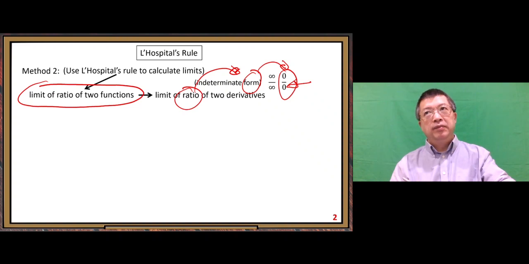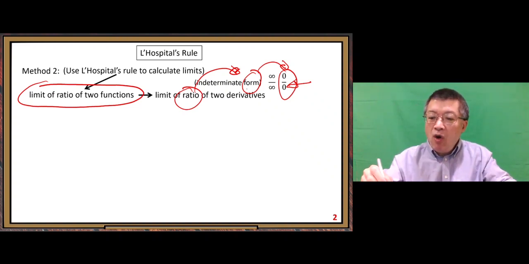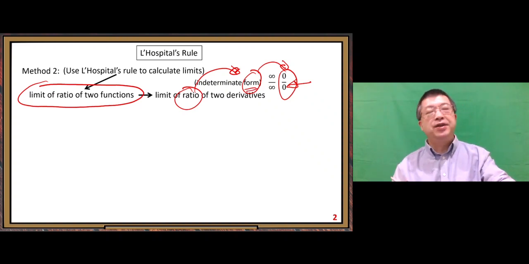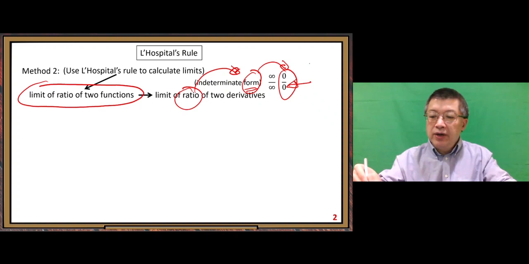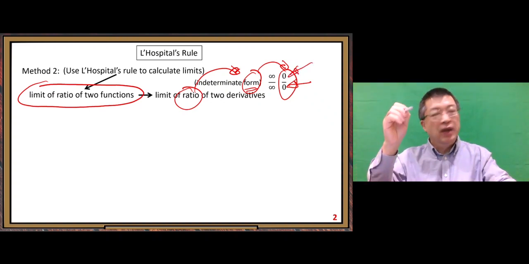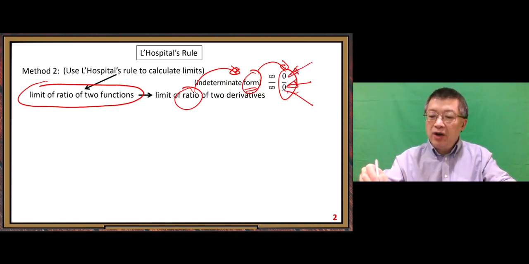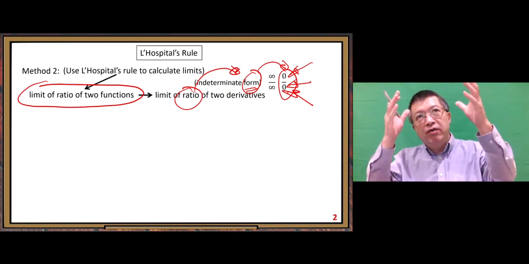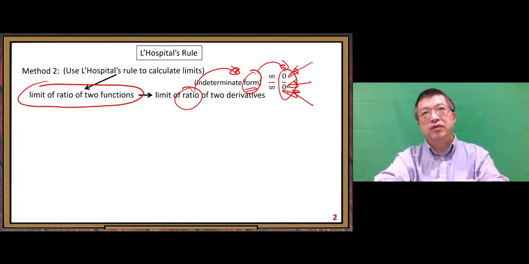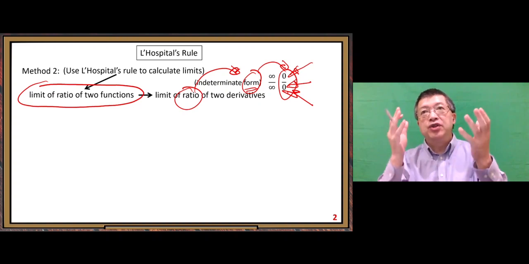But here, we use this as the form. That is, the limit of the numerator goes to 0, and the limit of the denominator also goes to 0. So that's just a simple form we use to describe our situation.